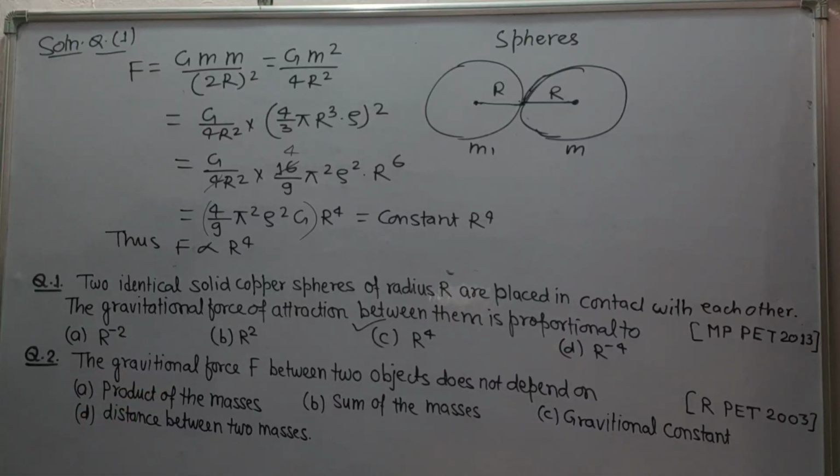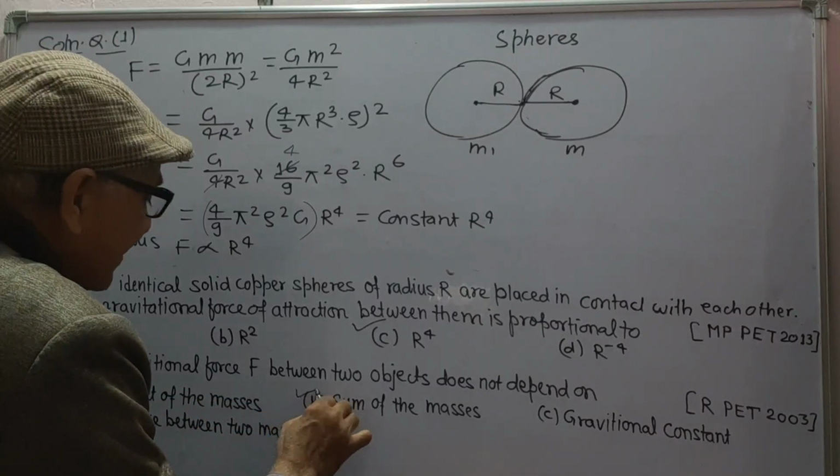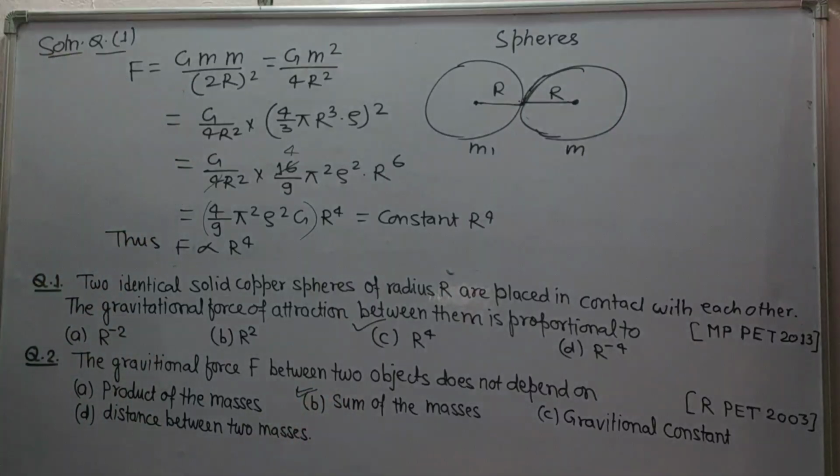As we know, gravitational force of attraction between two objects is directly proportional to the product of two masses and inversely proportional to square of distance between them. So, it does not depend upon the sum of two masses, and correct option will be B.